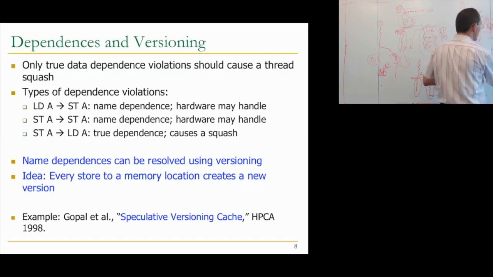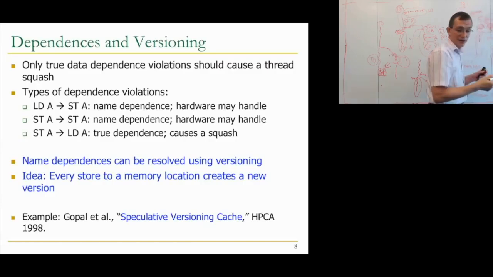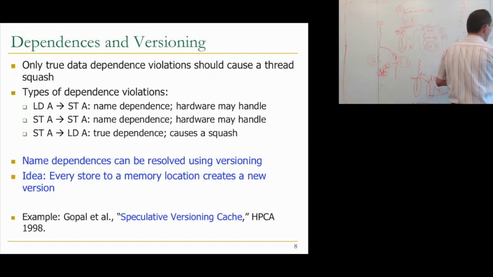So this load can get the correct value because it's really reading from version 0. At the time this thread is executing, you have version 0. When this thread is executing, it creates version 1 of that location. When this next thread is executing, let's say it does a store A, it creates version 2. This thread creates all the version 1s, this thread creates version 2s. As a result, the name dependencies can be eliminated.